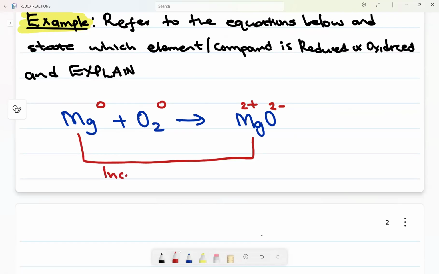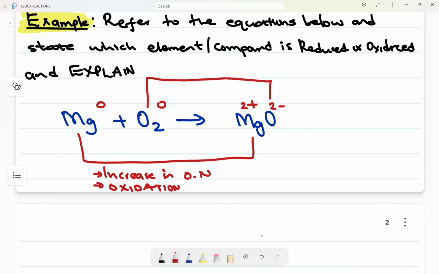So there is an increase in oxidation number, and per definition, an increase in oxidation number is oxidation. Then oxygen moves from 0 to 2 minus. So there is a decrease in oxidation number, and per definition, that is reduction.